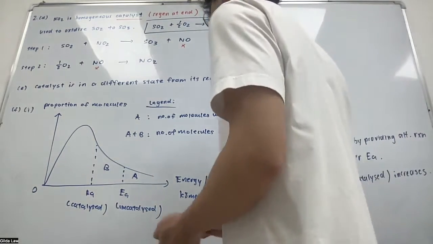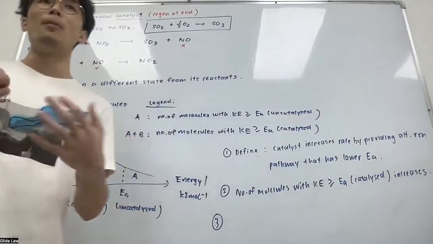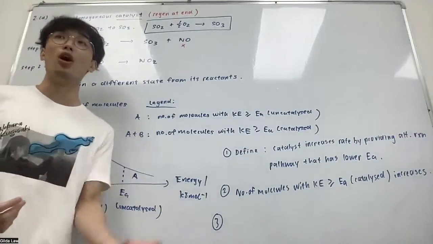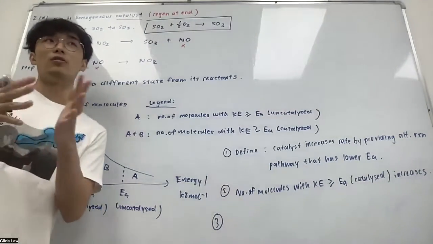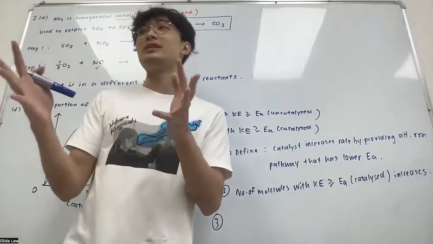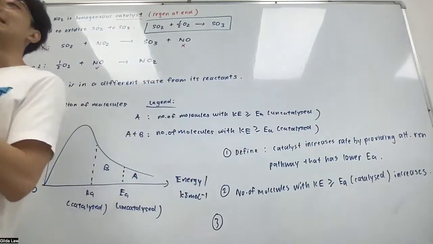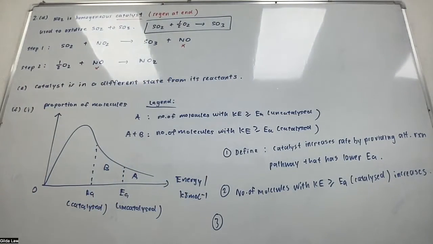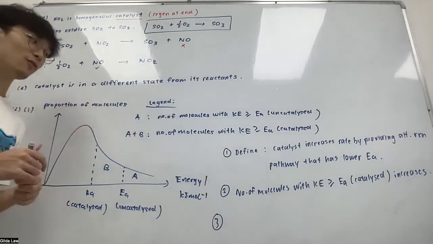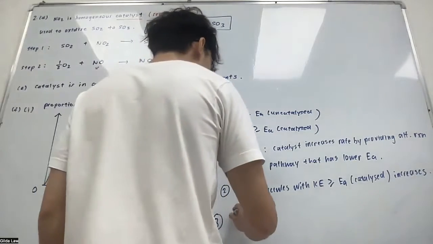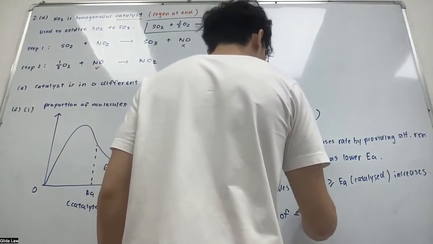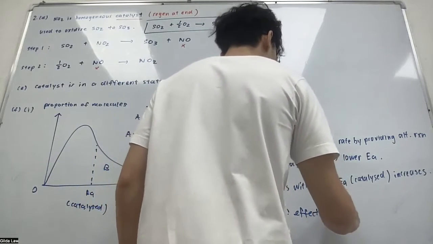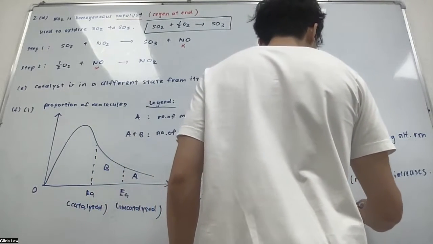The final step is always the same for all Boltzmann diagrams, whether it's temperature or catalyst. What's the last step here? The rate increases because there is more what? Frequency of effective collisions increases, and that's directly tied to rate.